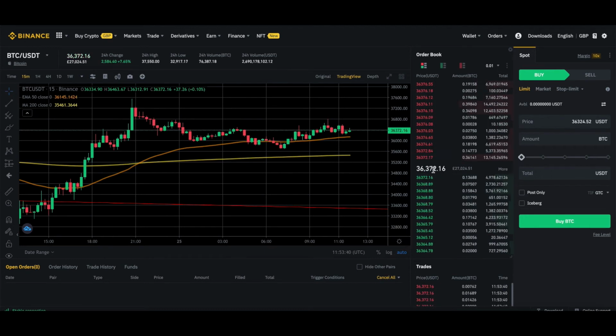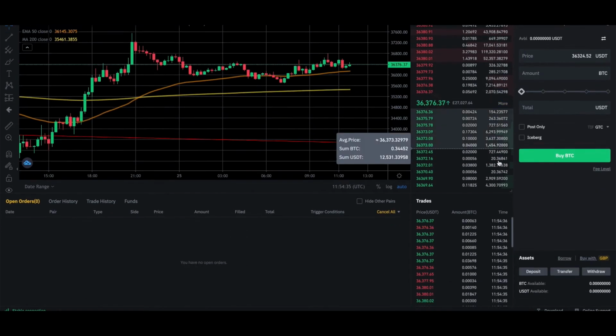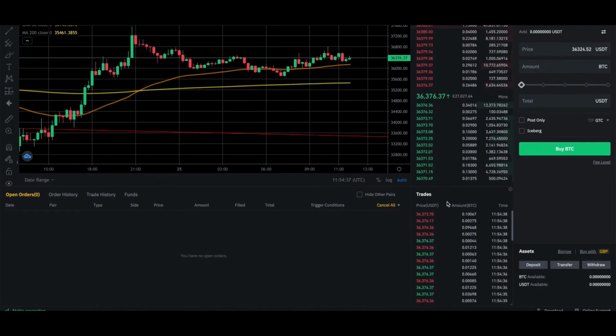And then in the middle we've got the current price, and it shows me what it is in my currency as well. This is the price that the offer is, of what they're asking you to buy it for. This is the amount that is available to trade at that price, and then this is the total value of it there. A little bit further down, these are the trades that are coming through at the moment.